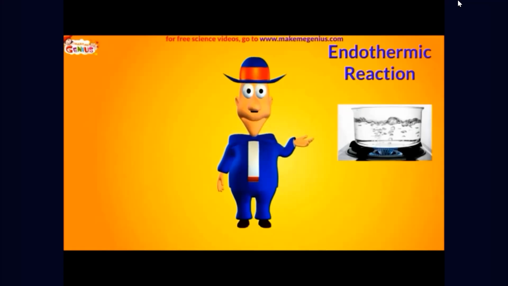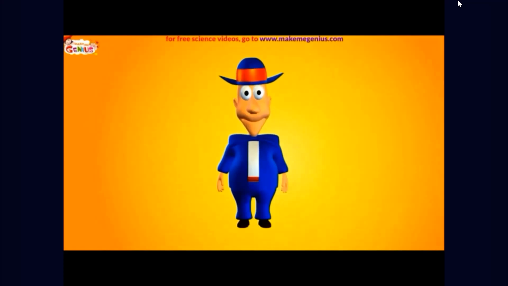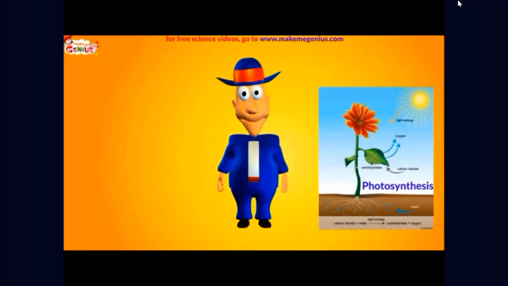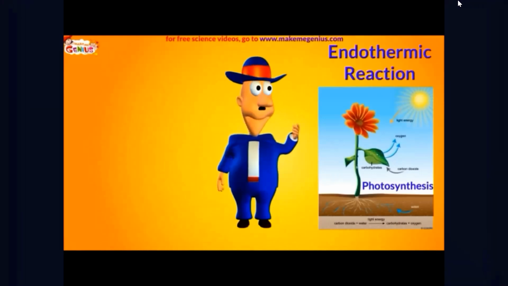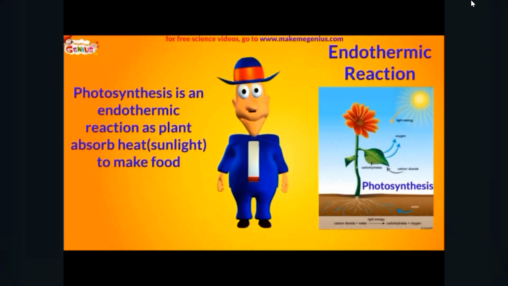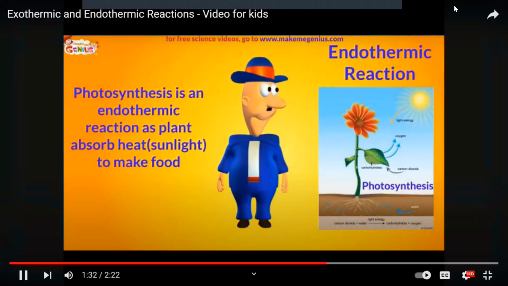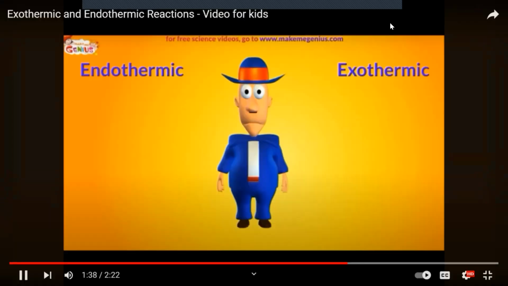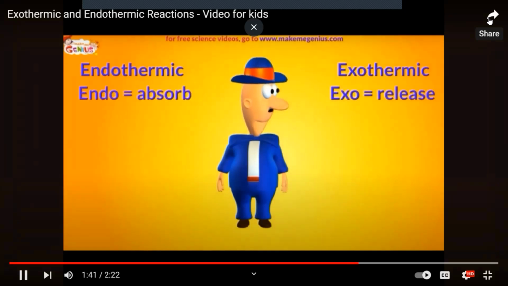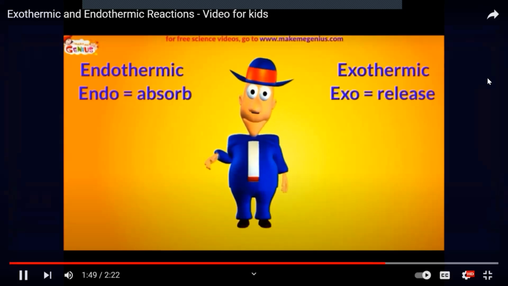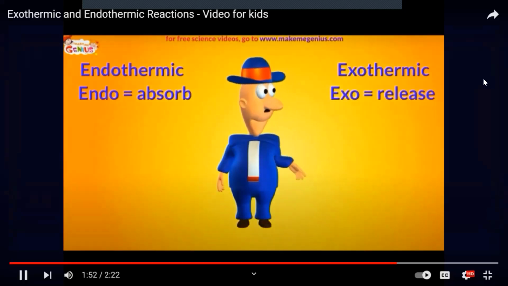Wow, you are right again. Evaporation is happening as heat is being absorbed by water and molecules are getting away from each other. Look at this picture. This picture is a photosynthesis process in plants. Can you tell which reaction this is? You have understood it well. Photosynthesis is an endothermic process as plants take heat energy from sun and convert them into glucose with the help of water and carbon dioxide. Exo and endo. Exo means release and endo means absorb. And do you know about thermic? It means heat. So endothermic reactions are those which absorb heat and heat is released in exothermic reactions.